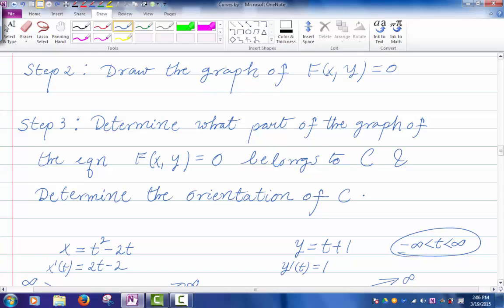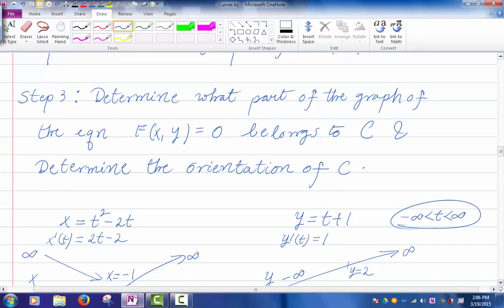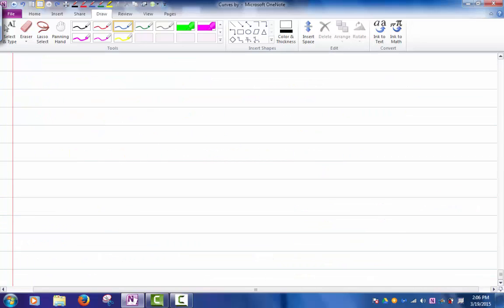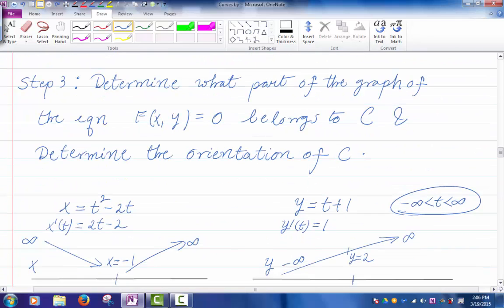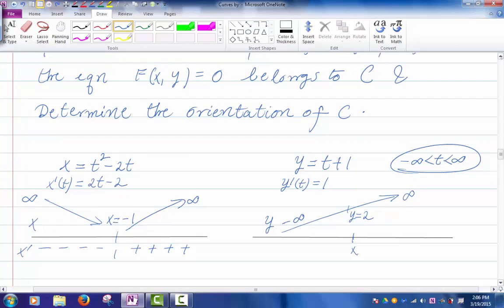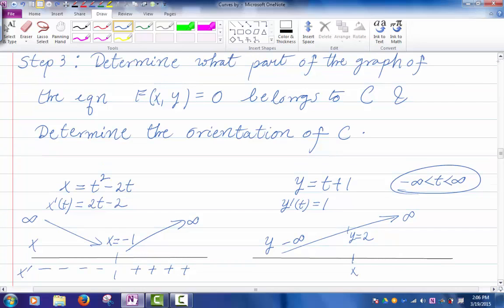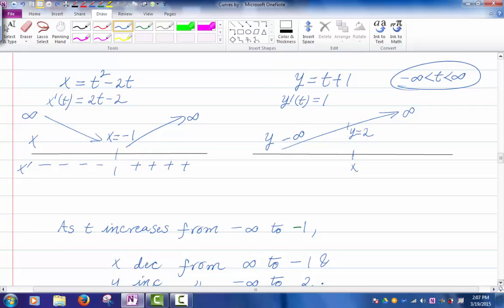You're probably done with number 2. Okay, are you done with step 3?